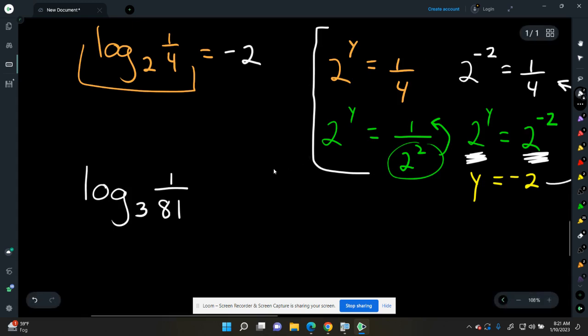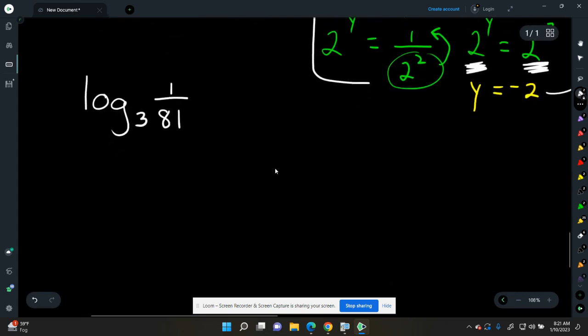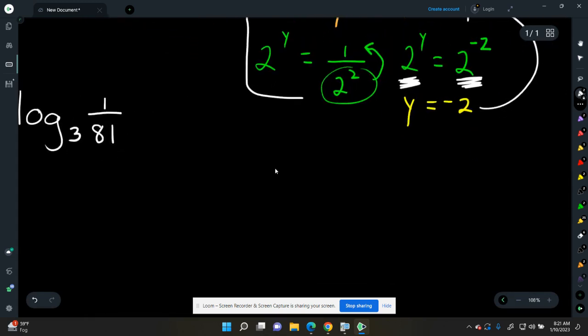Okay. Let's see here. Did you get it? What'd you get? Log base 3 of 1 over 81 equals -4. Yes. Excellent.